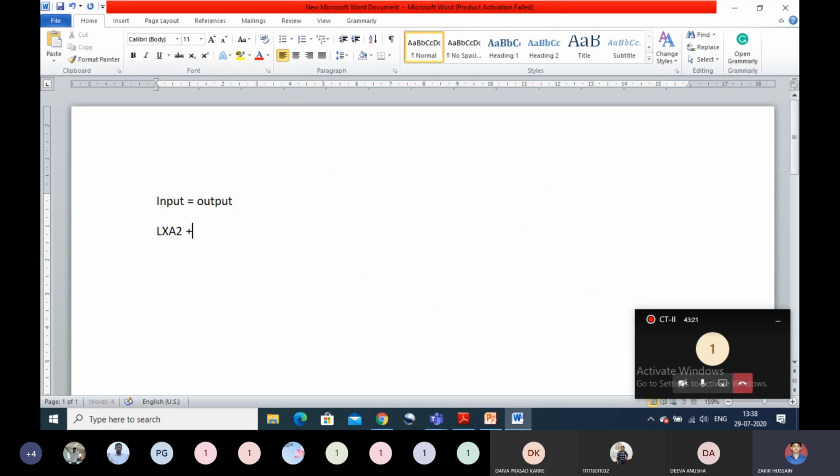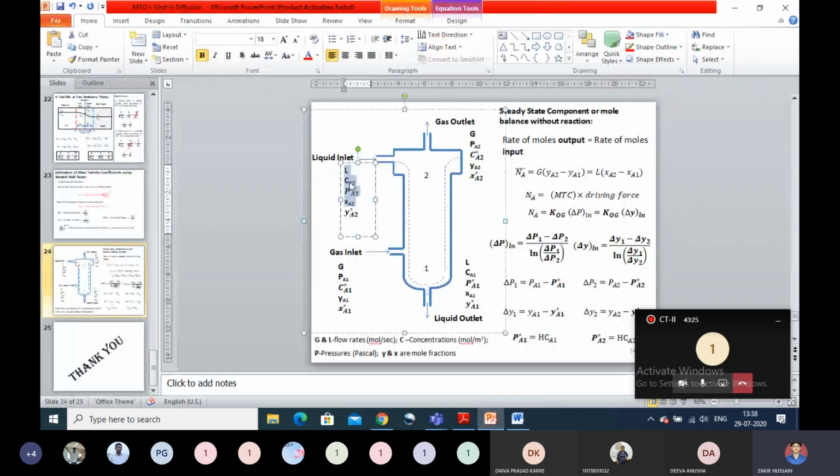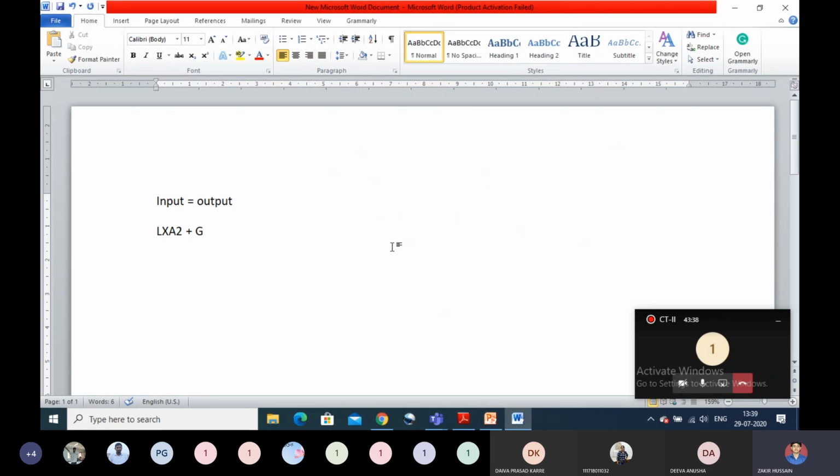Plus for the gas, G into YA1, the component balance at the inlet, where gas is entering from here.